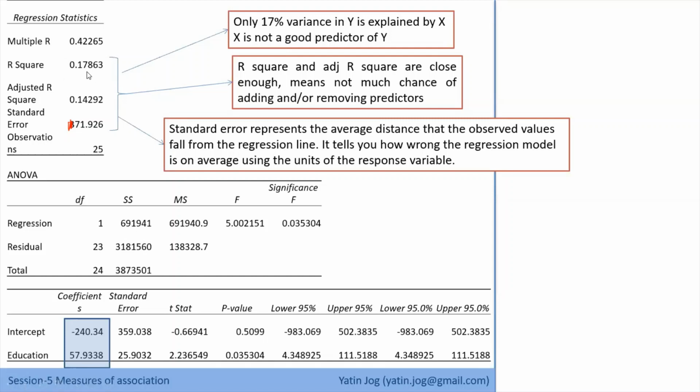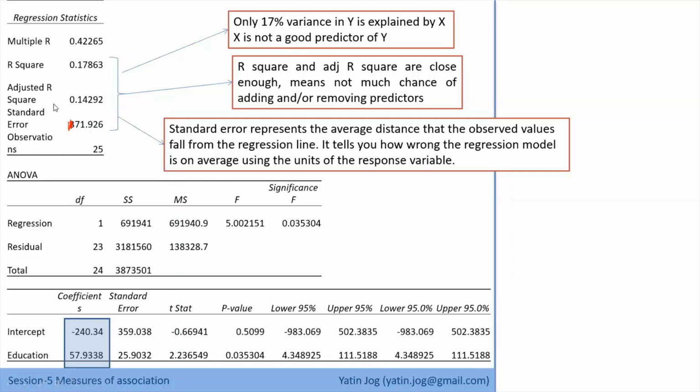Based on that, you can judge what R square value I should have to say my model is a good model. But apart from that, you can also look at the standard error. If the standard error is less, even if R square is less, you can accept that model. So a lot of things depend on standard error. Right. So that is all about R square and standard error.